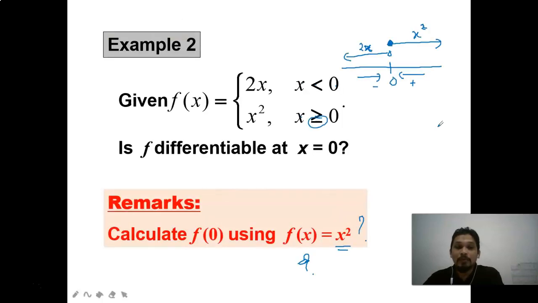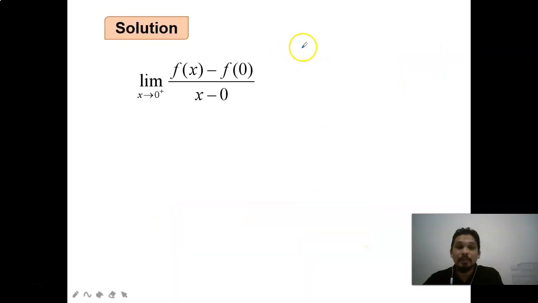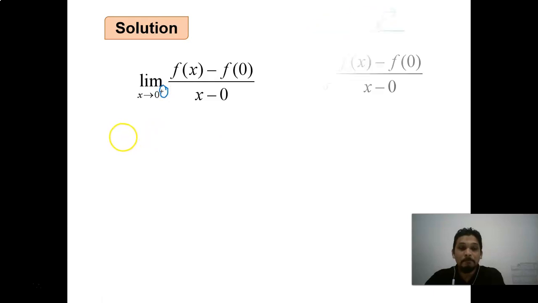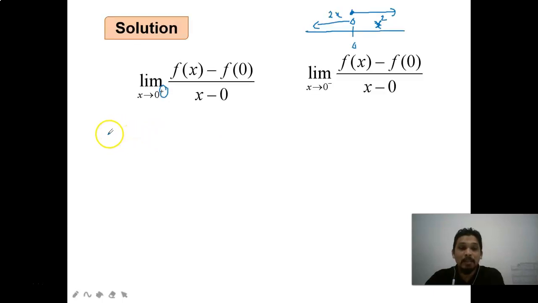Now, just now, 2x for x less than 0, and x squared, as our reference here. Now limit x approaching 0 from right.